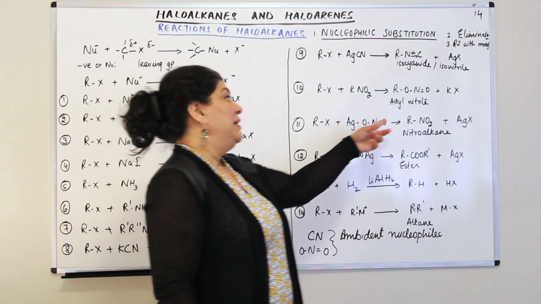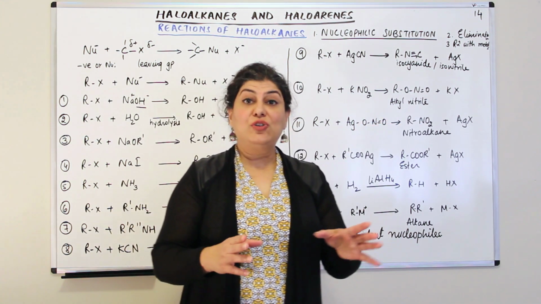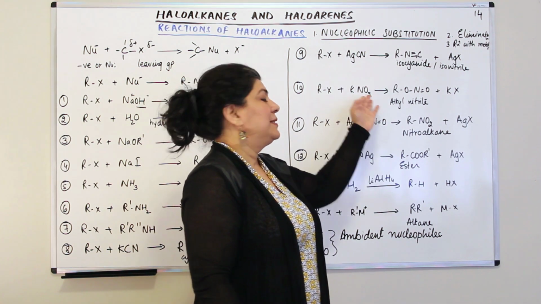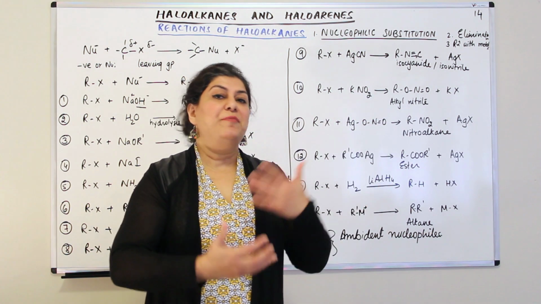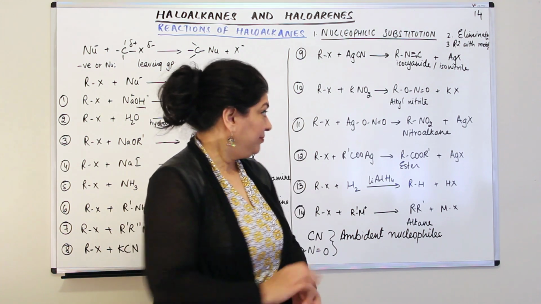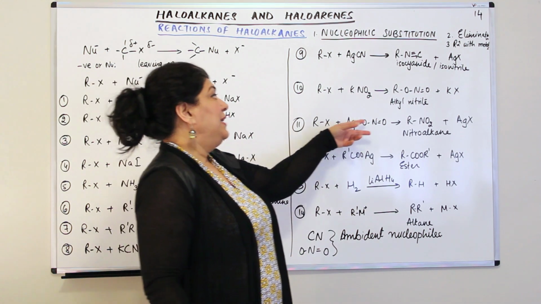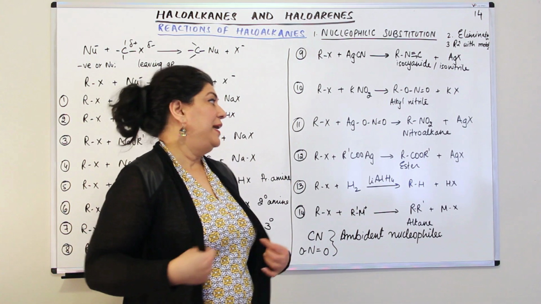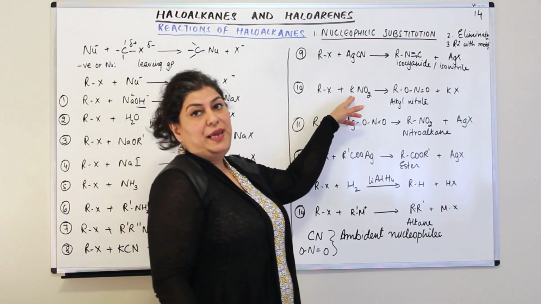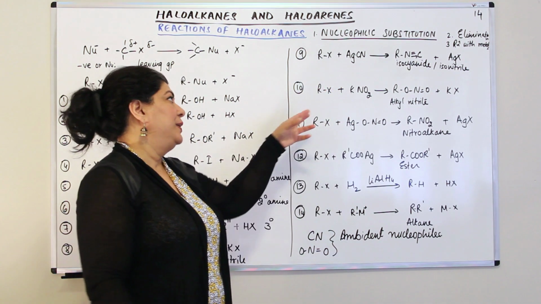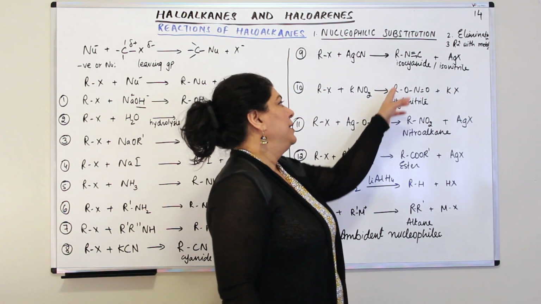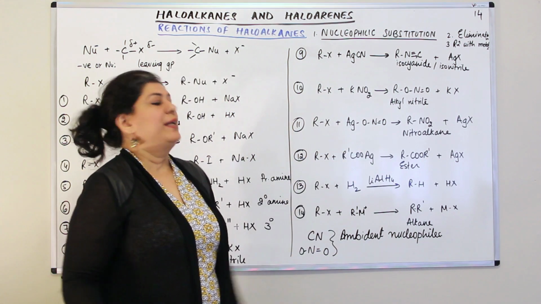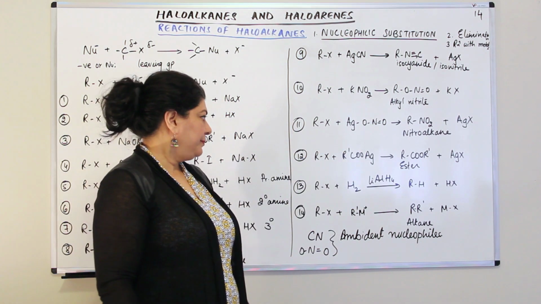Again, it is the lone pair of electrons present on nitrogen which will do it. The reason is the same, that this is a covalent compound, that's an ionic compound, and the same reason works here also. So we find that the nitro group or the nitrite is also an ambident nucleophile. If you make the alkyl halide react with potassium nitrite, you get the alkyl nitrite, but if you make it react with silver nitrite, you get nitroalkane.